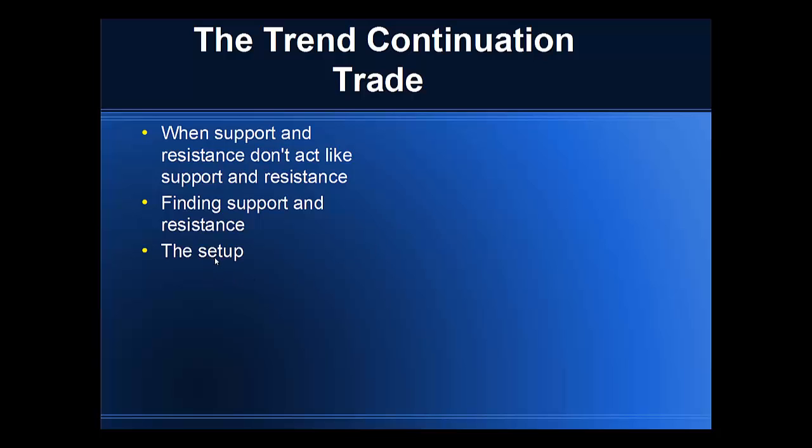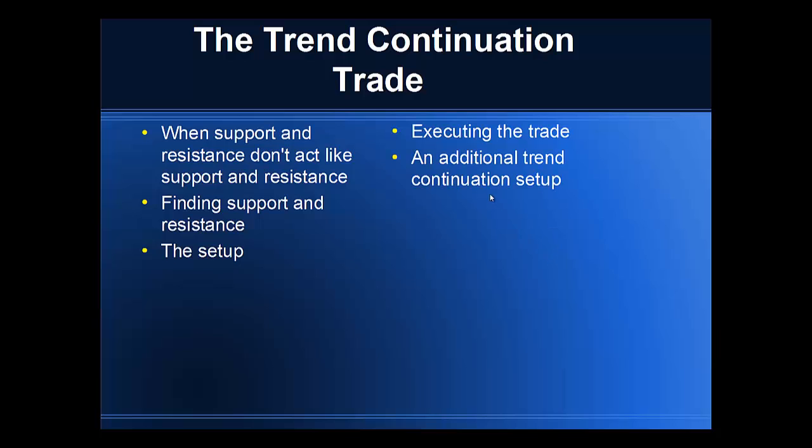Once the price comes into our support or resistance level, what are we looking for? We'll go through each step of the setup, and then executing the trade. So where do we enter? Where's our stop? What's our correct position size? What's our target? How do we manage the trade? All that.